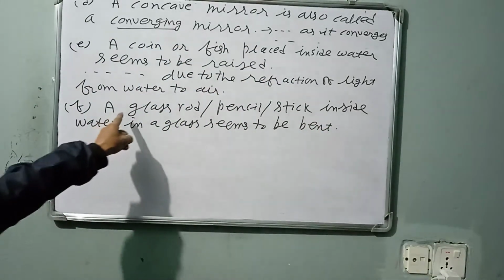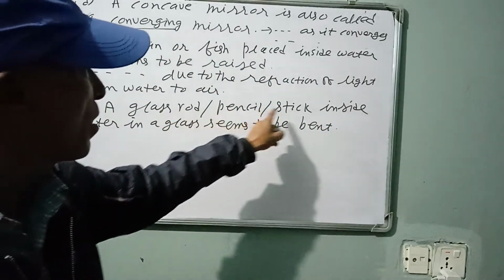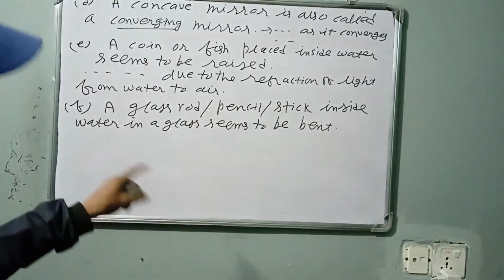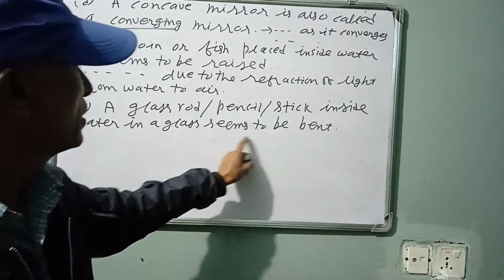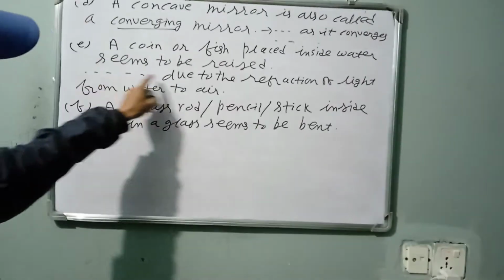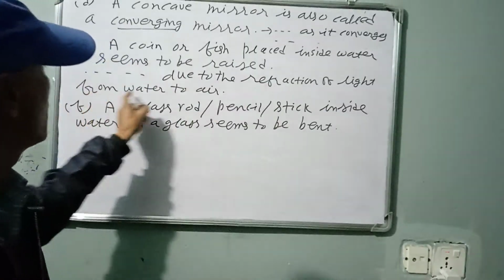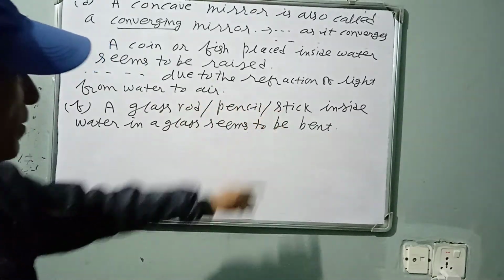The answer is a glass rod or stick or pencil dipped obliquely inside water in a glass seems to be bent due to the refraction of light from water to air.